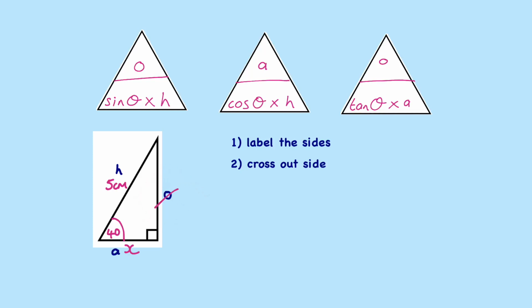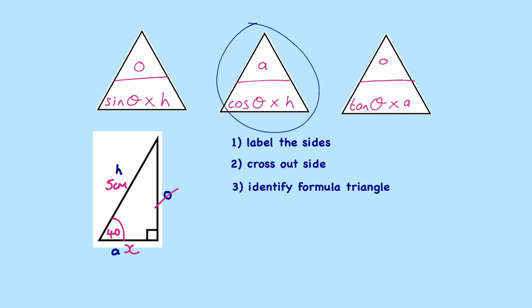Then step 3 is you identify the formula triangle. So we've been given H and we're trying to find A, so we're looking for the triangle that has A and H in it, which of course is this one. Then all that's left is to substitute in the values. So we're looking for A, that's what we're trying to find.